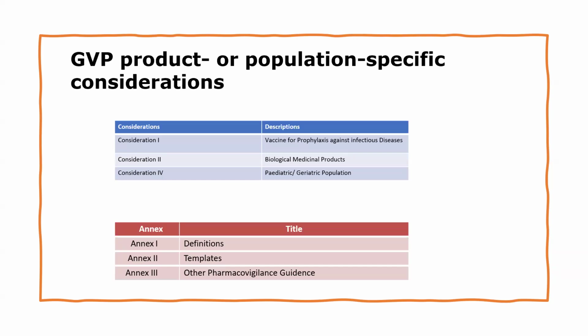And when we are saying the population, paediatric patient and geriatric patient mean newly born babies and children, because those are more susceptible to reactions, as the immunity level of that population is very low. They have just been born and have not yet started their life, so they are more susceptible.